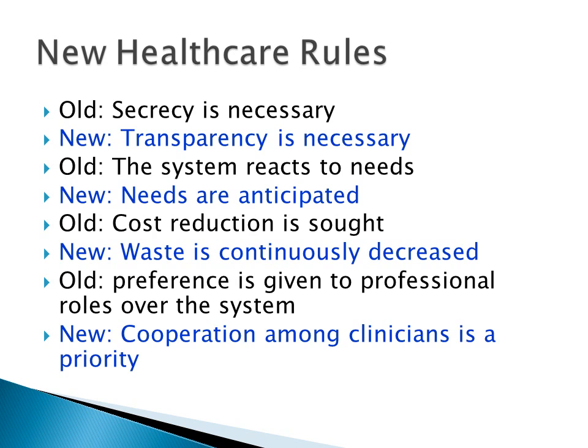In the old system, the system reacted to needs, and now we really need to anticipate needs, just like when we're caring for young families, we try to anticipate the next developmental step a child is taking when we're working with parents. In the old system, we're trying to reduce cost, and that's not a bad thing, but what we need to do in the new system isn't worry so much about cost reduction, but decreasing waste.